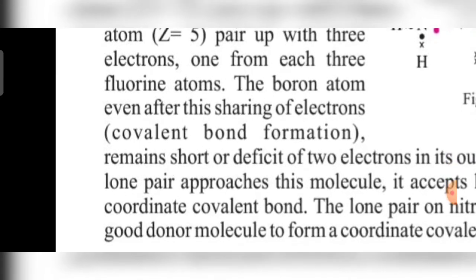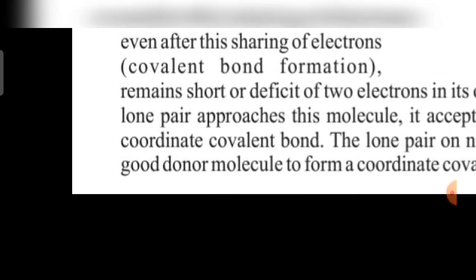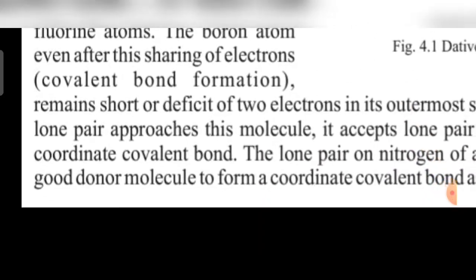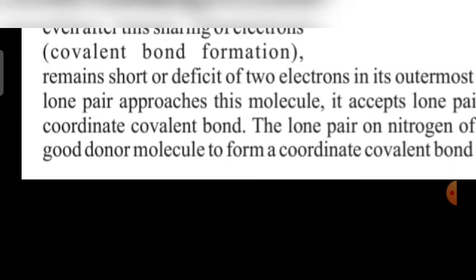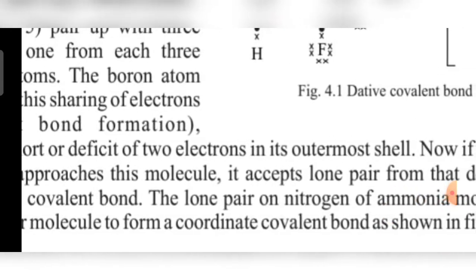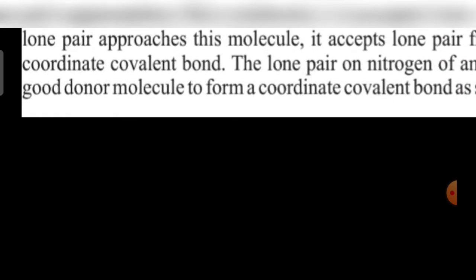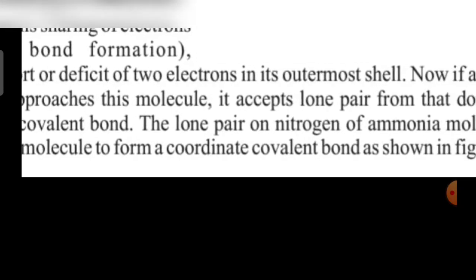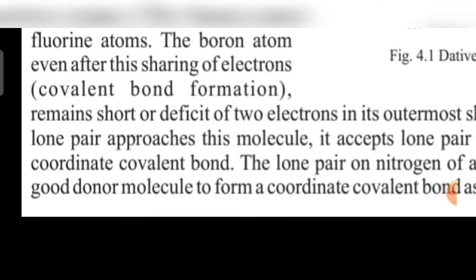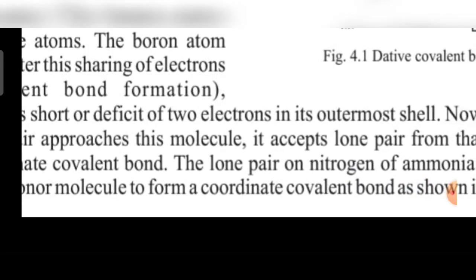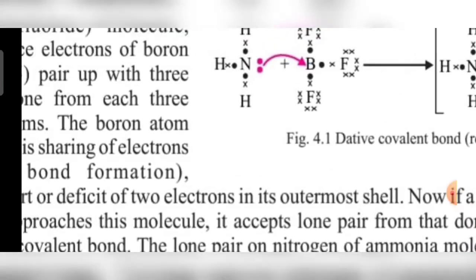The boron atom, even after this sharing, still remains deficient of 2 electrons in its outermost shell. Now, if a lone pair approaches this molecule, it accepts the lone pair from that donor and forms a coordinate covalent bond. The lone pair of nitrogen of the ammonia molecule makes it a good donor molecule to form a coordinate covalent bond.